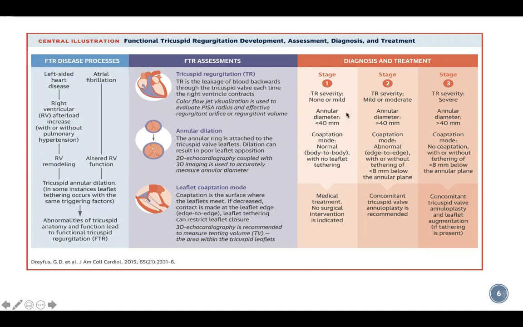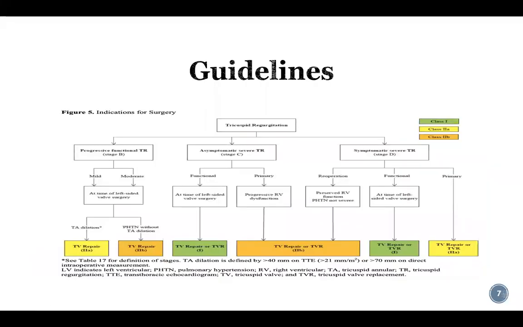Then in diagnosis and treatment, you have 3 stages. If it is severe or non-mild with no annular dilatation and good coaptation, you just continue medical management. However, if you have annular diameter more than 40 or abnormal coaptation, at that time, you need to address the tricuspid valve at the same time. And of course, with the severe, you need to address it at the same time.